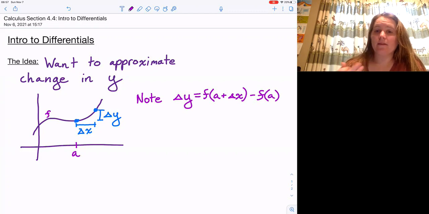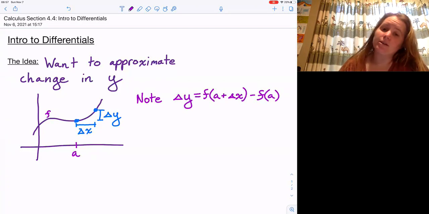Right? It's just the y value of the second point minus the y value of the first point.